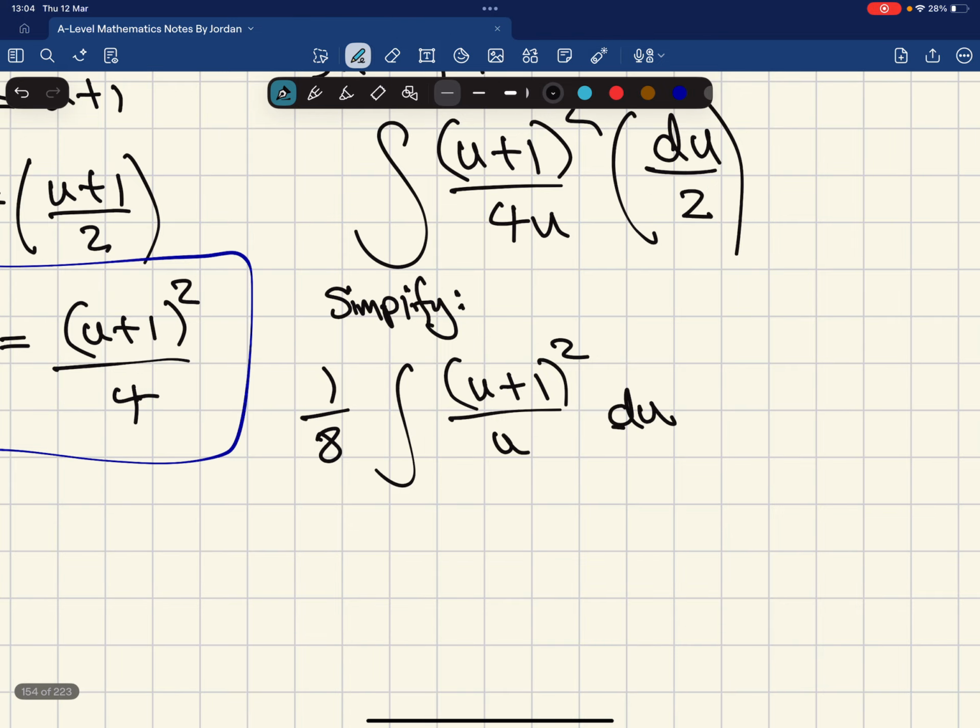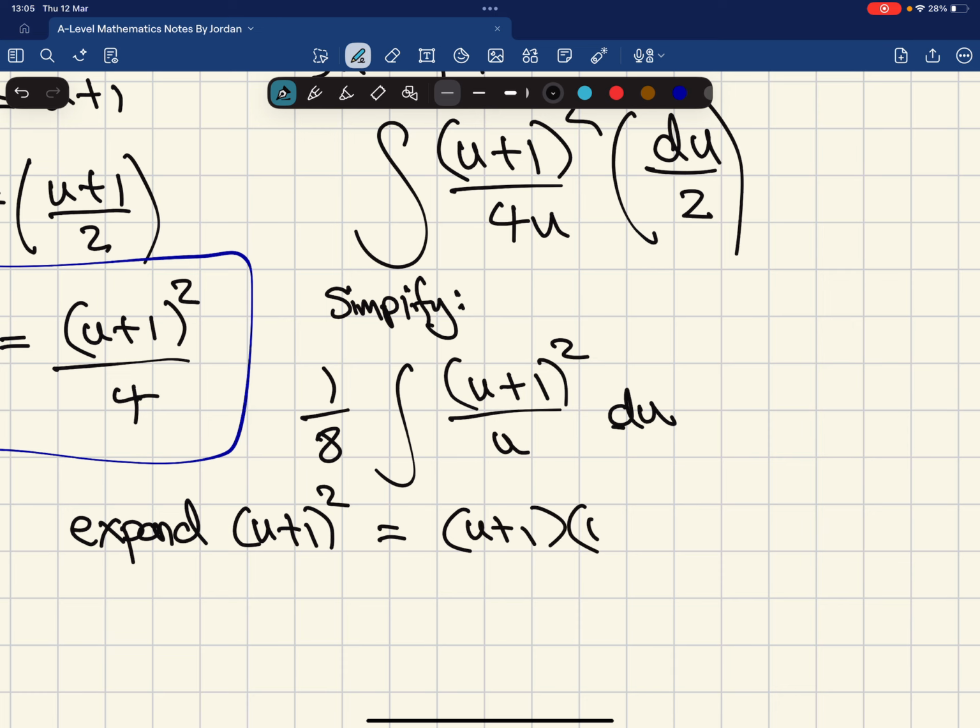Next thing I would do is expand the u plus 1 squared. Sometimes I prefer to just remind myself it is like this. Expand that out, giving you u squared plus 2u plus 1. Okay.